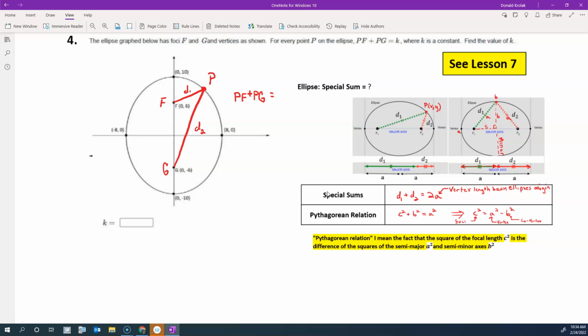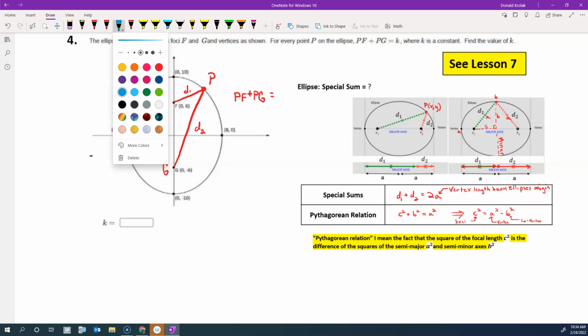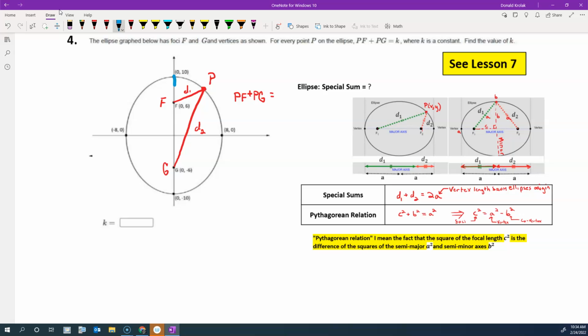Okay, so when I do this, it's going to add up to this length. Okay, that's a, and that's a, so that's 2a.